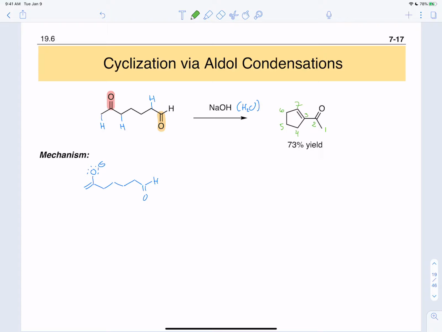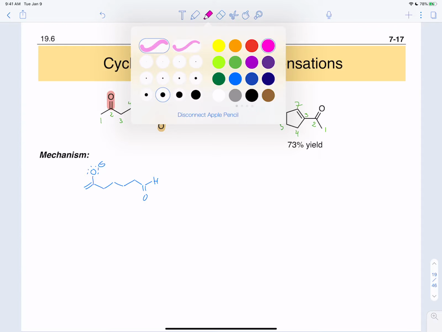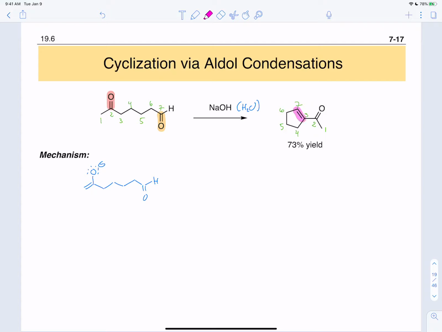So we can start numbering our groups accordingly on this starting molecule 2. So this is 1, 2, 3, 4, 5, 6, 7. So now we see that along the way, we ended up making a bond, ooh, pink, between 3 and 7.